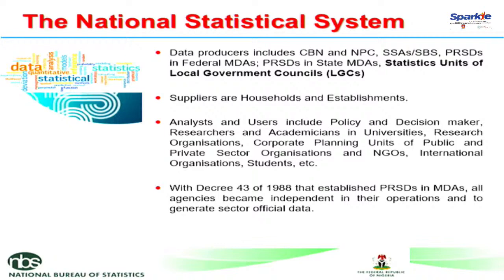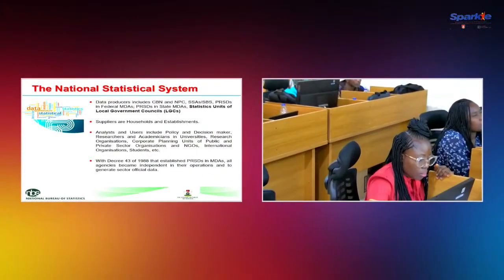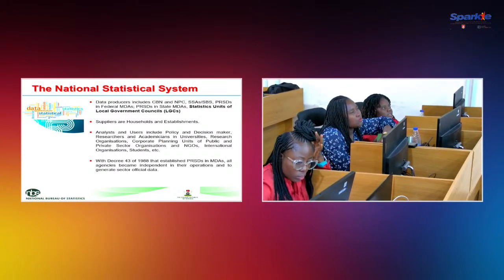The National Statistical System data producers include CBN and NPC, SBS, PRSDs, federal MDAs, PRSDs and state MDAs, statistics units of local government councils.